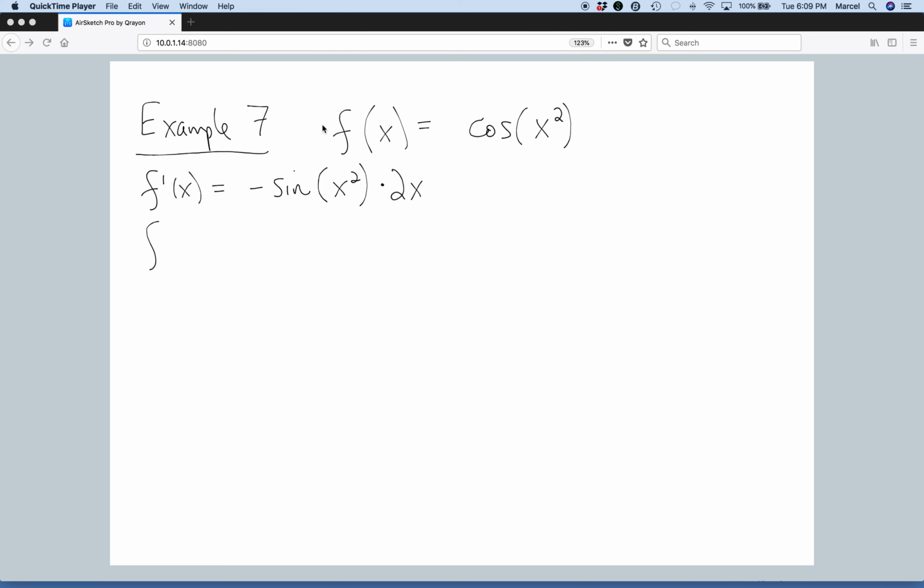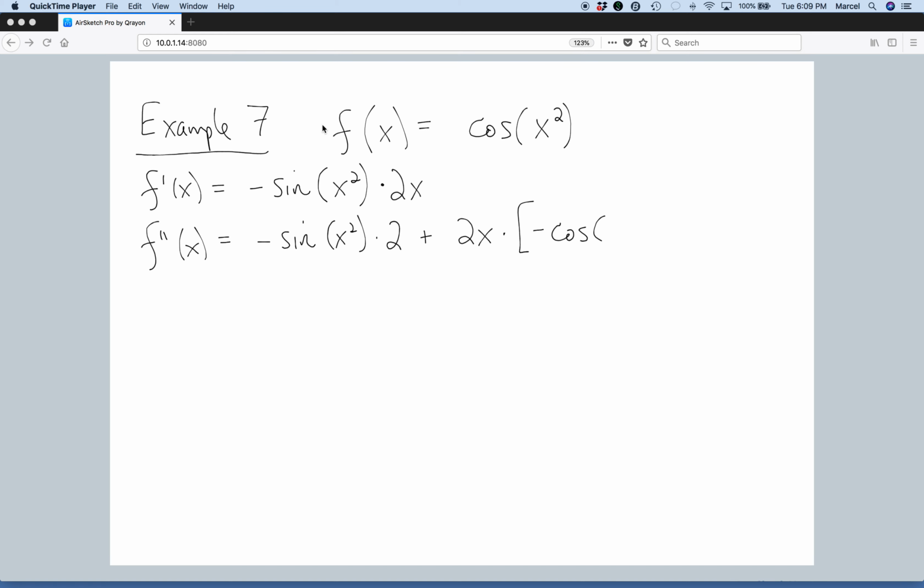But now if we start doing higher order derivatives, note that we have to use product rule and chain rule. So product rule first, minus sine of x squared, times the derivative of the second, 2, plus the second, 2x, times the derivative of the first. Chain rule, derivative of the outer function. Derivative of sine is cosine. We still have a minus sign out front.